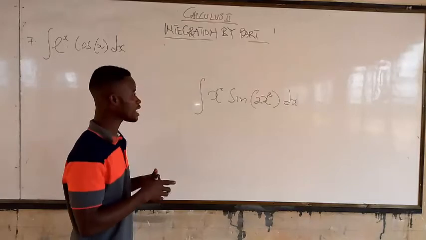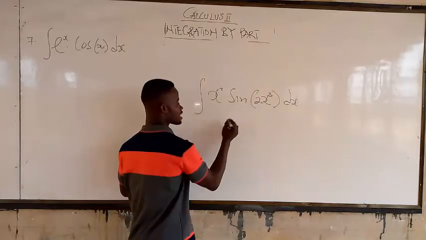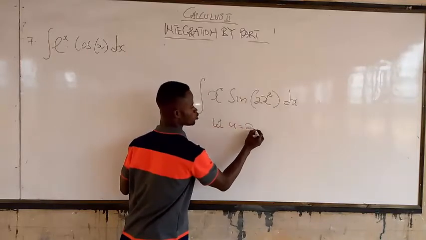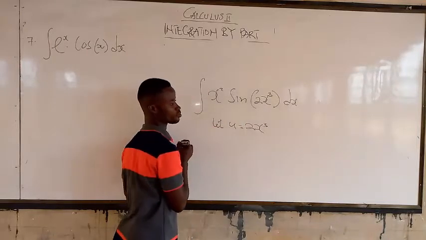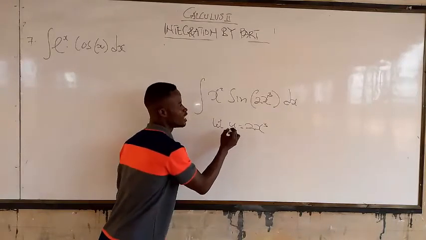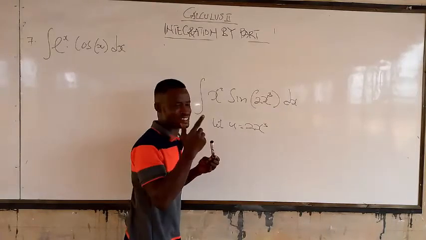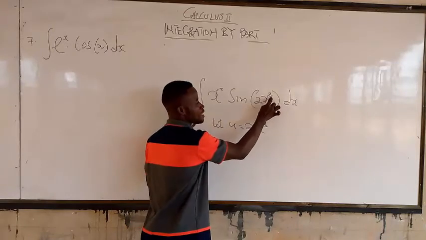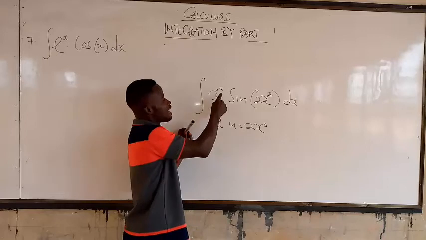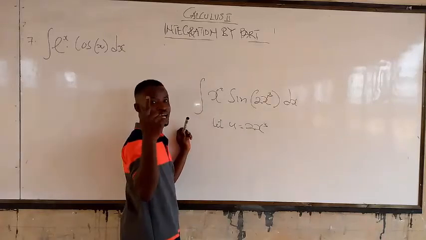Why am I saying that? If you set u to be equal to this, 2x to the power 3, differentiate this and see. Look at it. The power here is greater than the one here. How many times? One time.